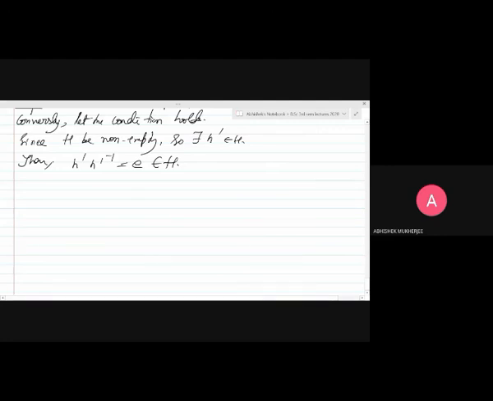This identity is in H. Why? Why is the identity in H? That is a question.